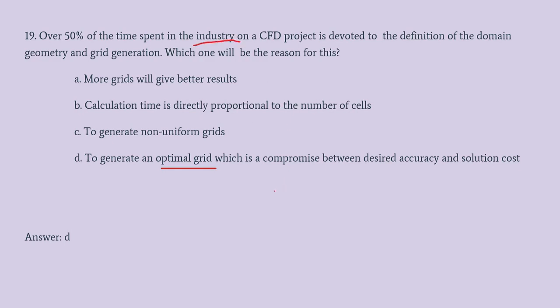So in industry, even the grid independency test won't be run every time. They will do it only when it is very much needed. Apart from that, they will have some rule of thumb or some range of geometry.